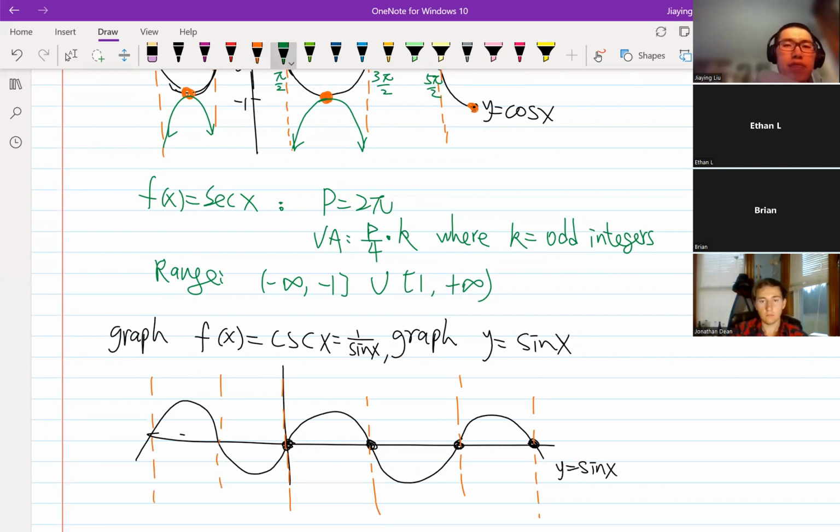And every time we have a 1 or -1, those points stay. And again, for each part, we're just going to draw the parabola. So the graph for cosecant, but just make sure that whatever parabola you draw, the U shape, is going to fit between the two vertical asymptotes.